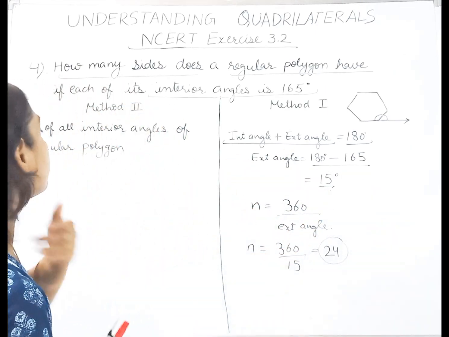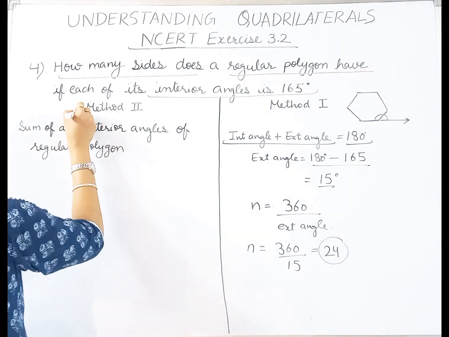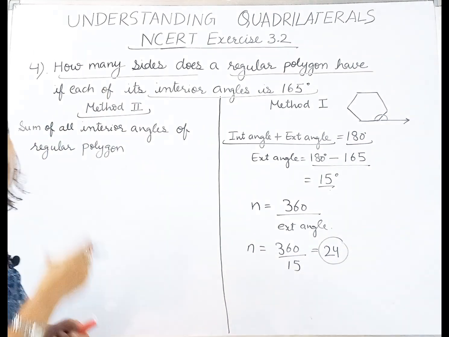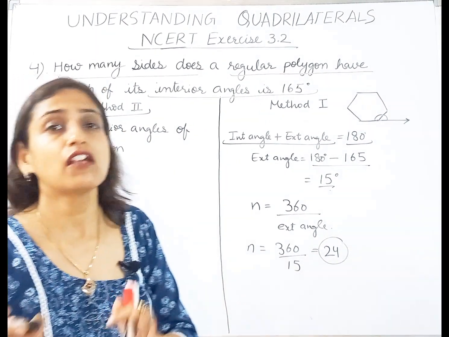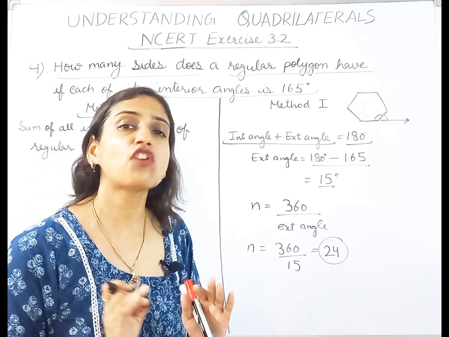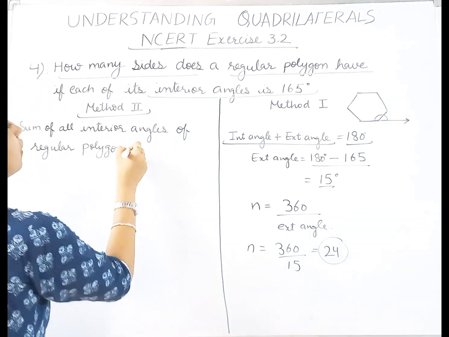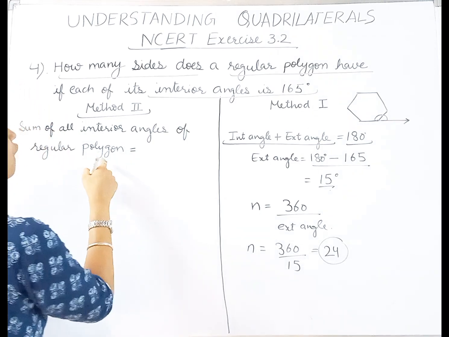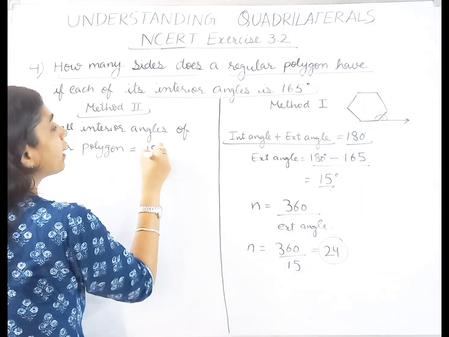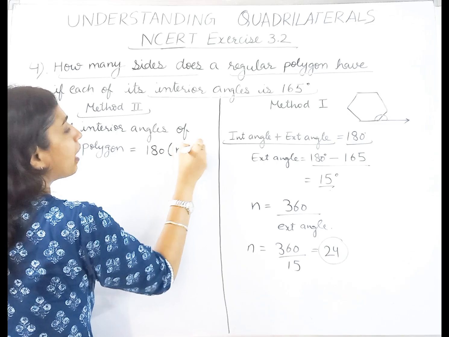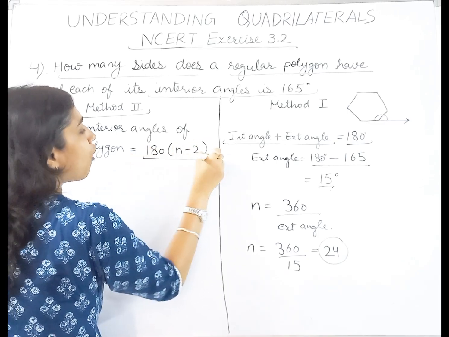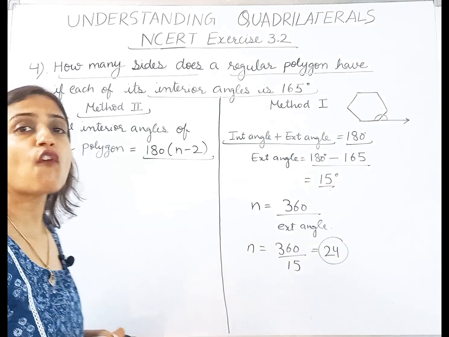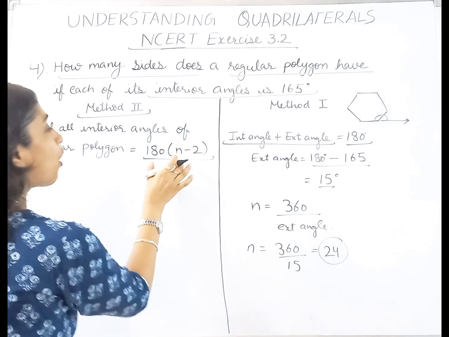Another method is, we can directly apply the formula of interior angles. The sum of all interior angles of a polygon is equal to 180 into n minus 2. So this is the formula for the sum of all interior angles of a polygon.